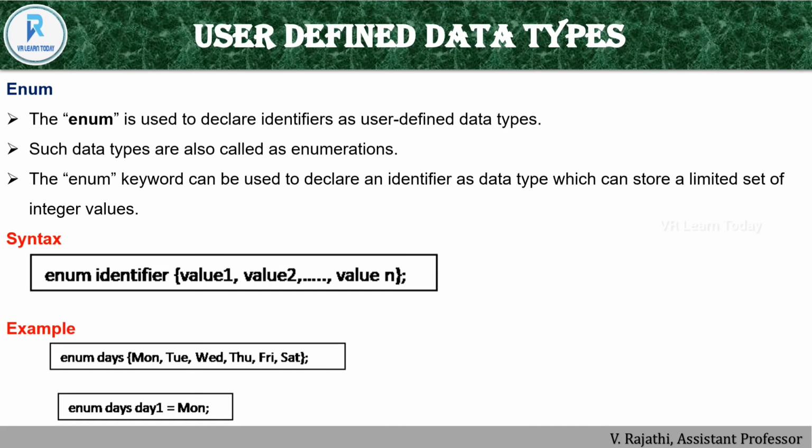And this is the example, enum days. Inside the curly braces you mention the values, and this is the accessing format. Enum days: day 1 means Monday, day 2 means Tuesday, day 3 Wednesday, day 4 Thursday, day 5 Friday, and day 6 is Saturday. Like this, it will be accessed.